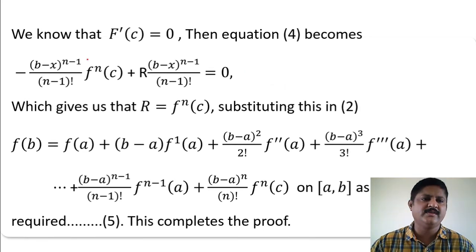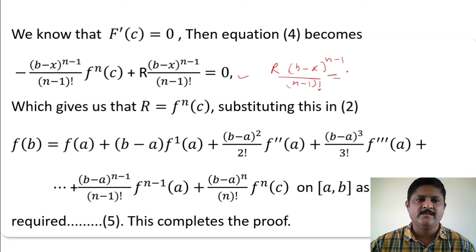R equals, see, bring this to the right side, we get R into (b minus x) whole power n minus 1 divided by n minus 1 factorial equals (b minus x) whole power n minus 1 divided by n minus 1 factorial into fn of c.